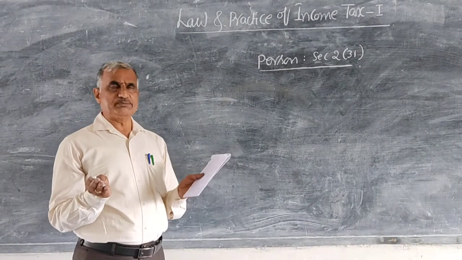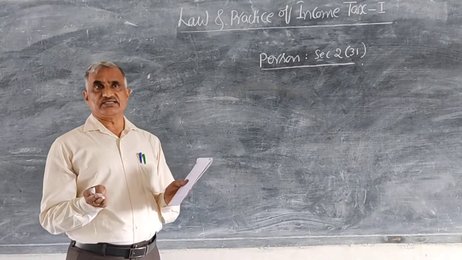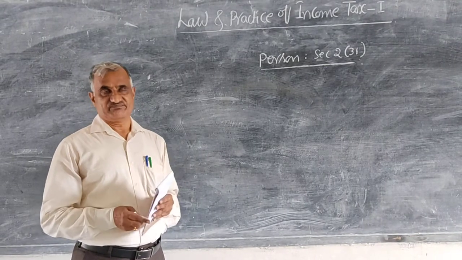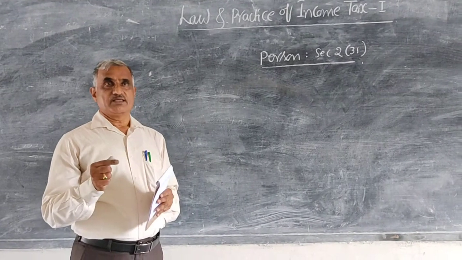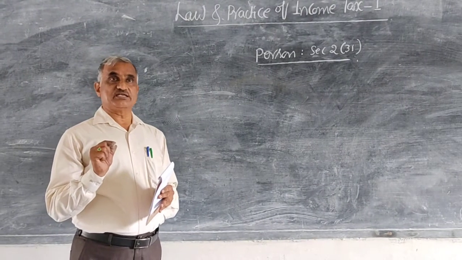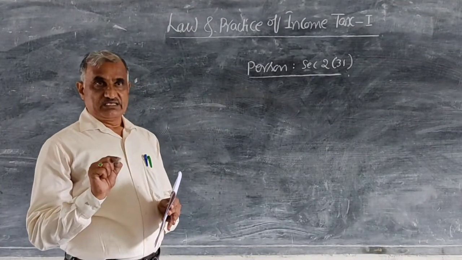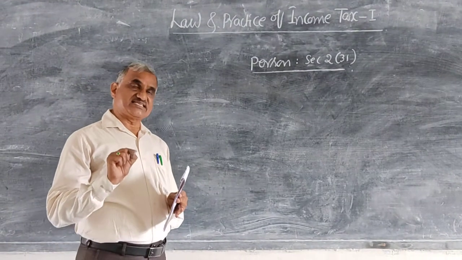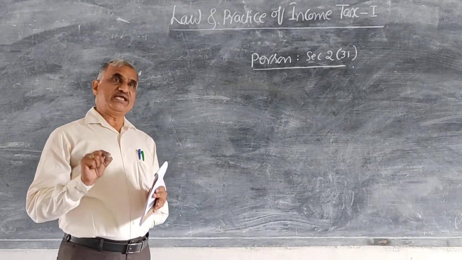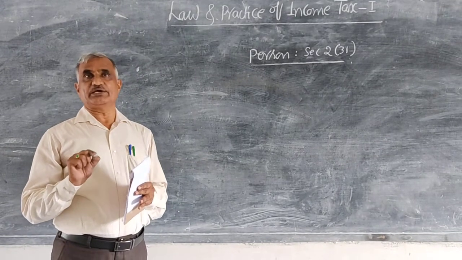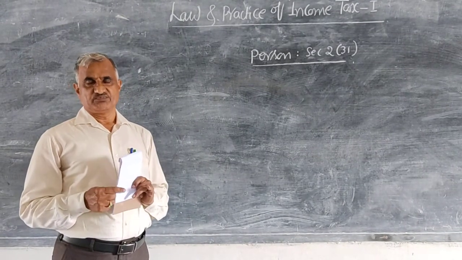This is the most important provision of the Indian Income Tax Act. Let me repeat. Every person whose total income of the previous year exceeds the basic exemption limit should pay income tax at the rates applicable to the assessment year.